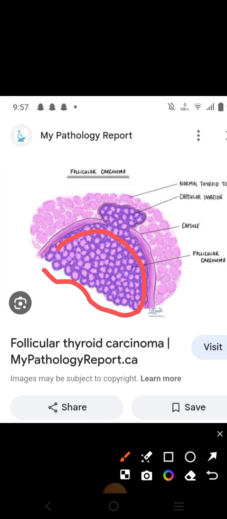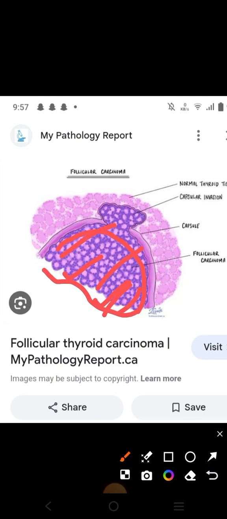You must know that in any tumor there are multiple divisions of the cells, so it is not a normal structure. I showed you in the first slide what a normal follicle looks like, but here there are so many follicles. There must be some pathology, and that pathology is follicular carcinoma or adenoma.